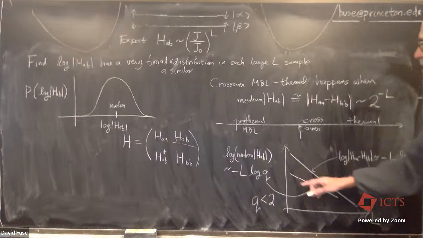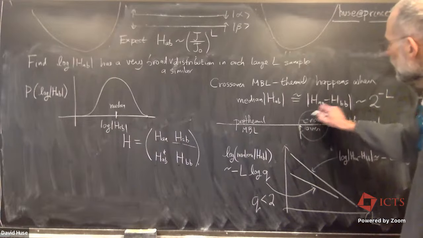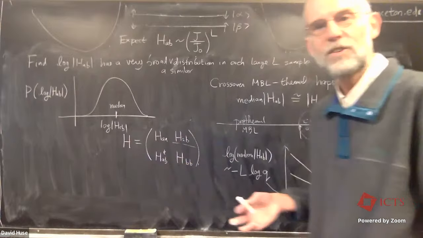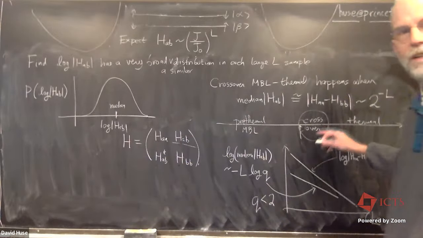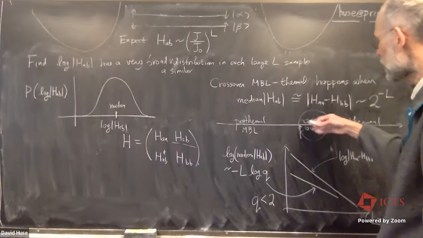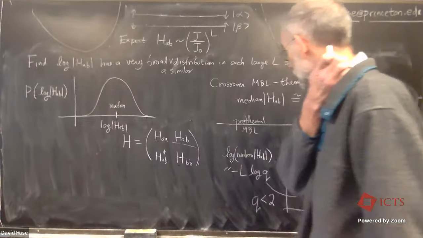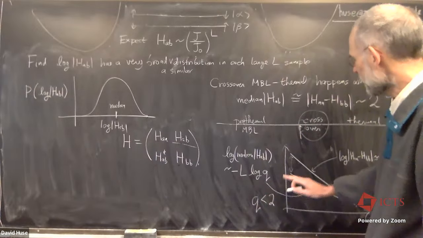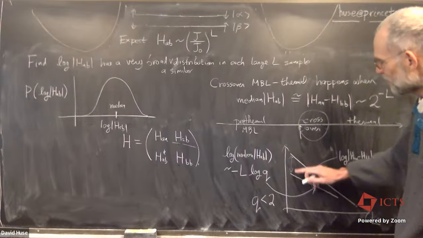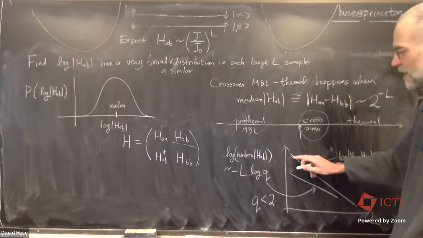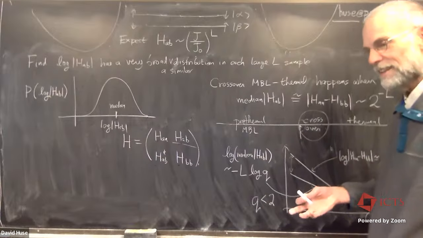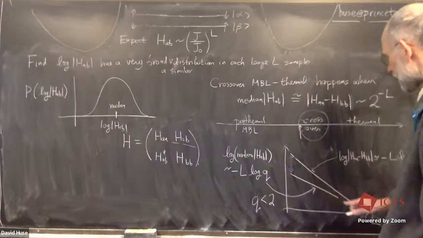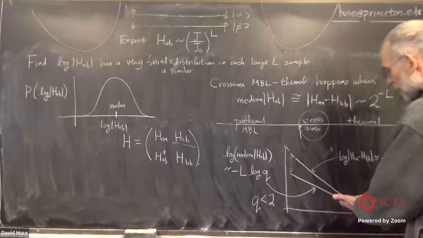And that's the simple description of what's going on in this crossover, which I think is a large part of what's actually going on in that crossover. The interesting thing that hadn't been appreciated, that Crowley and Chandran pointed out, is that at small L, even when Q is less than 2, it starts off with a substantial difference here. So at small L, you're in the pre-thermal MBL regime, even though these are just exponentials.